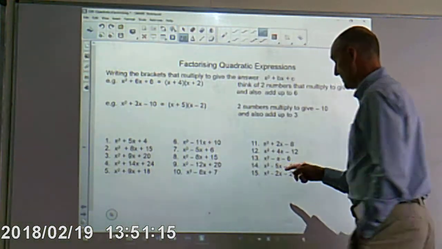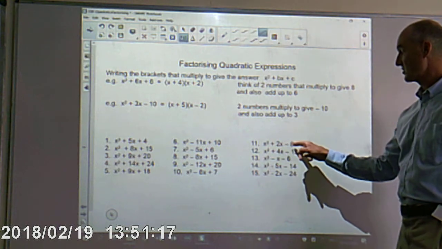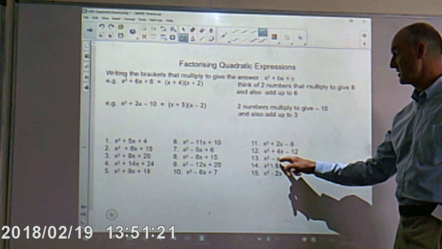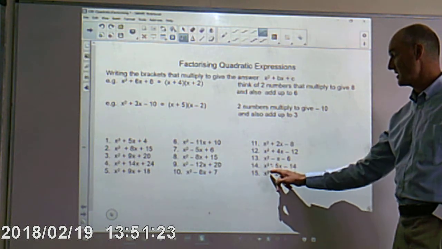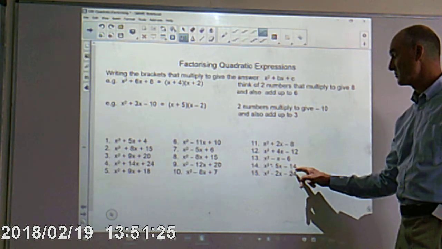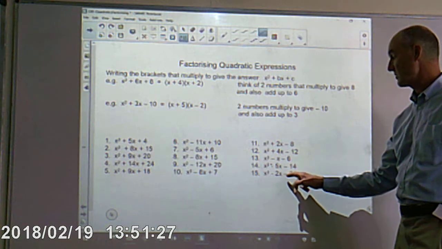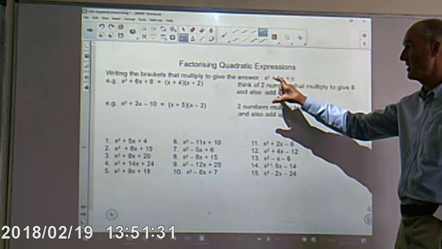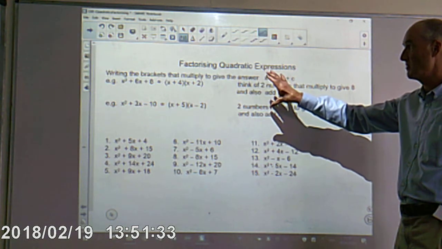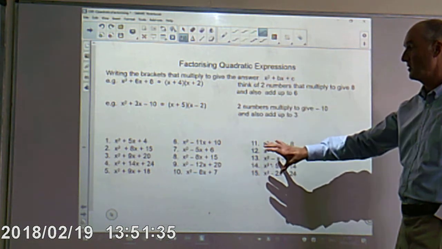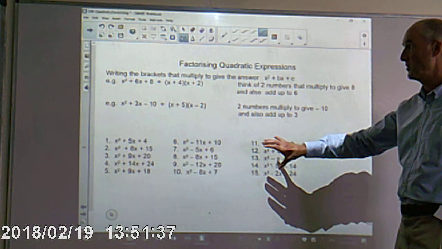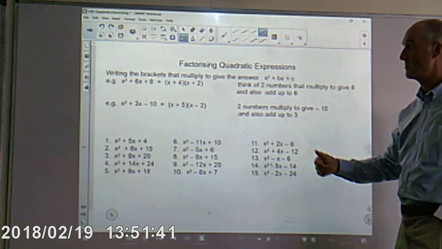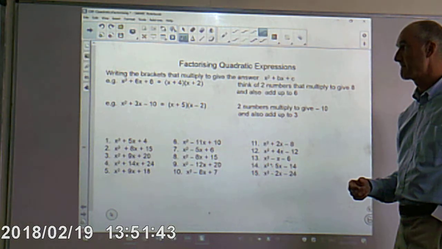And then finally, x squared plus 2x minus 8, x squared plus 4x minus 12, x squared minus x minus 6, x squared minus 5x minus 14, x squared minus 2x minus 24. So you've got 15 examples there. There's a couple of aide-memoire examples there for you as well. But try and complete those 15 examples. So you might need to pause the video and then we'll come back and we'll give you the solutions.